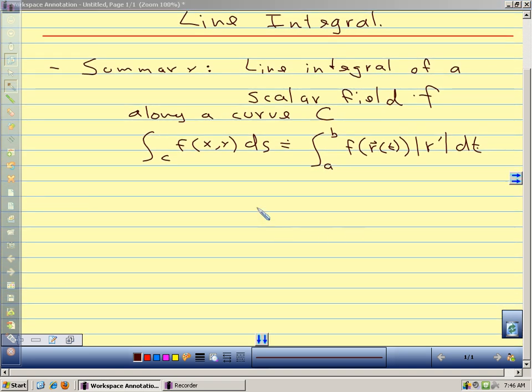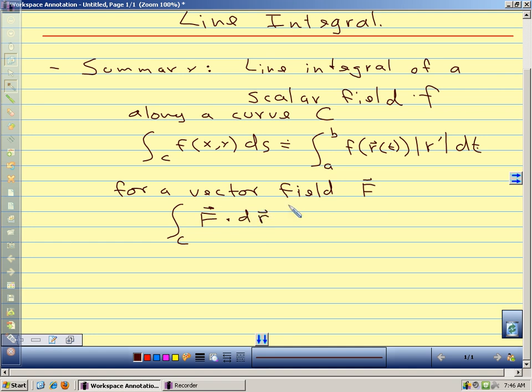For a vector field, we wanted the line integral of our vector field along our curve C. Our notation was F dot dr, and we wrote that in several ways.